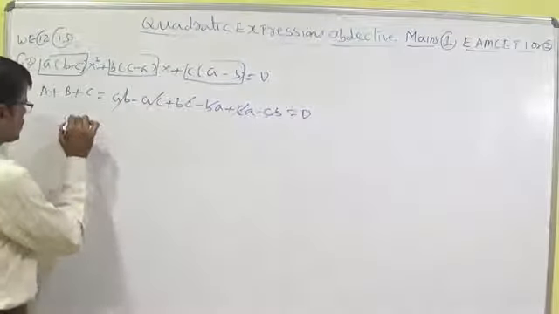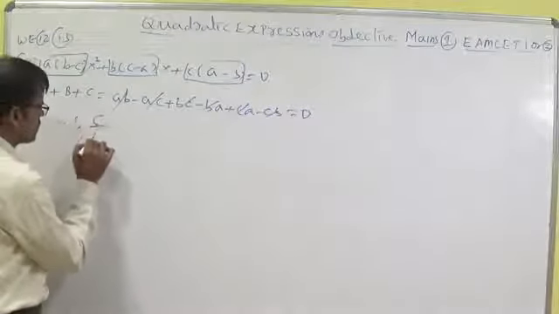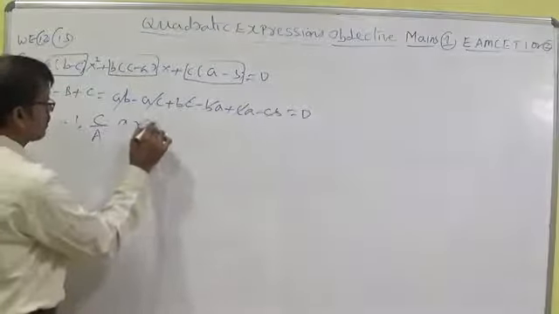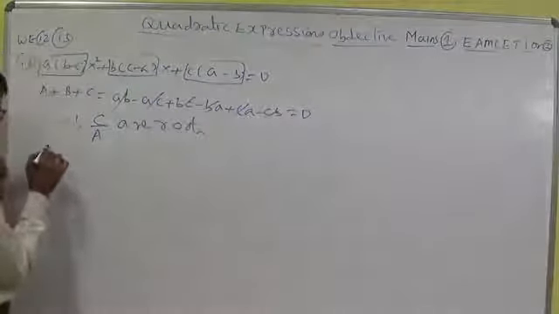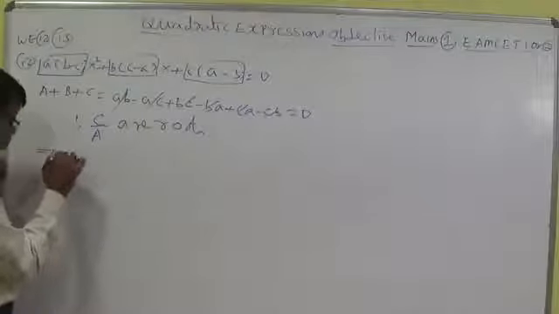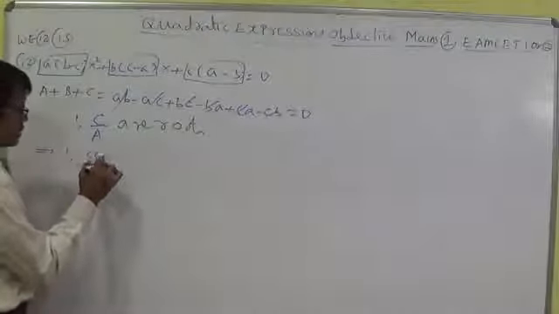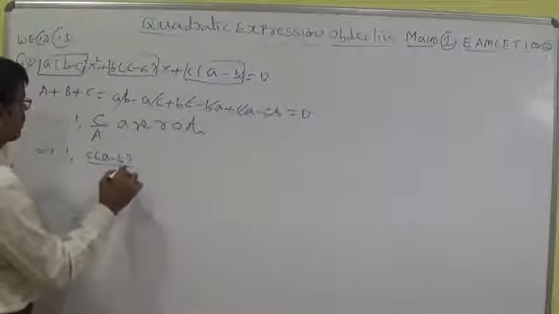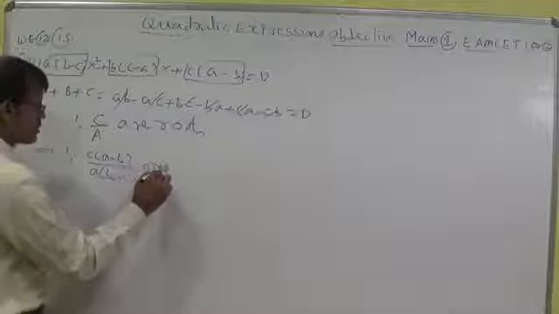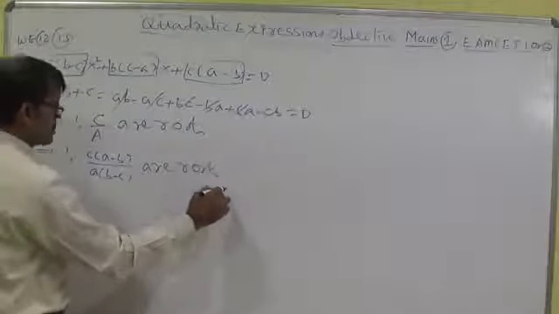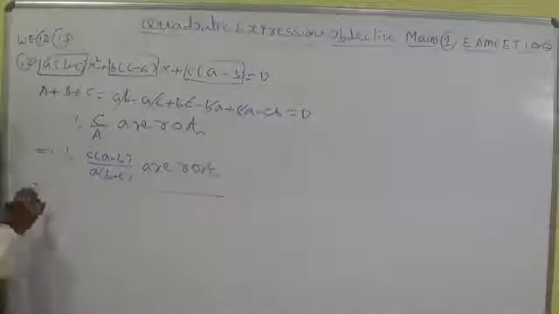Therefore, here you can write 1, capital C by capital A are roots. That implies 1, c(a − b)/a(b − c) are roots. Simply this is worked example 12.